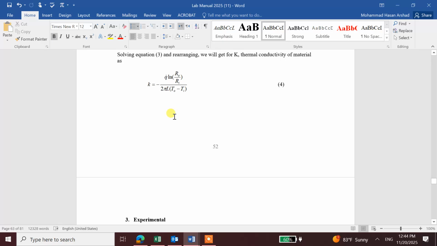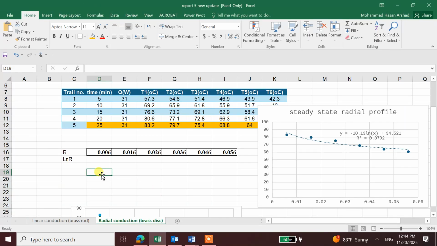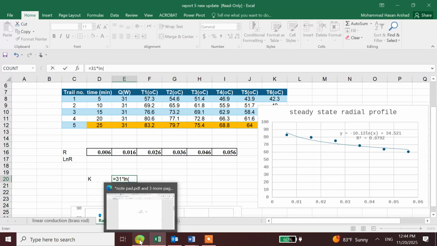It is ln of r outer divided by r inner, and T outer, T inner. Q, for example, is 31. So k will be Q, 31, times ln r o, the outer radius.